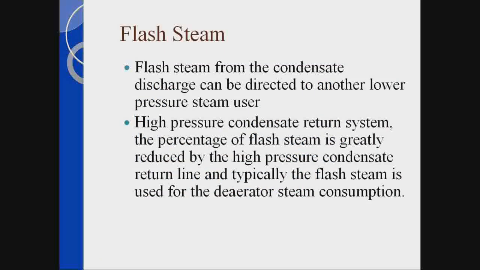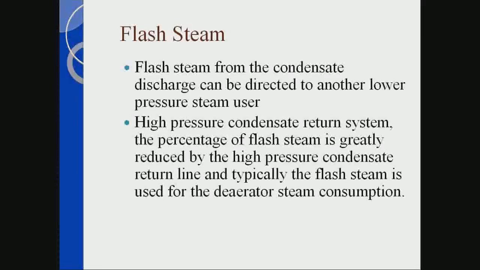Flash steam from the condensate discharge can be directed into another low-pressure steam user, which we call cascading. In a high-pressure condensate return system, the percentage of flash is greatly reduced. The higher the pressure in the return system, the lower the amount of flash that will occur.